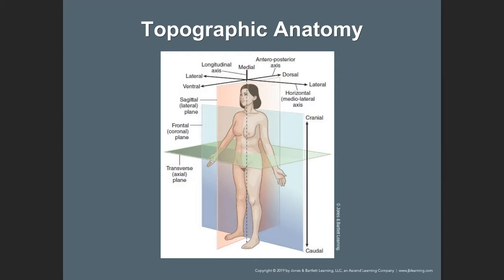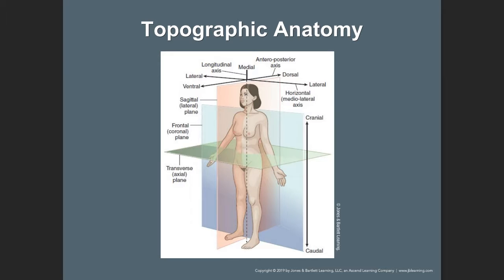Within that position, there are different planes. You have coronal plane, transverse plane, and the sagittal plane. The coronal plane divides the body into an anterior and posterior portion.